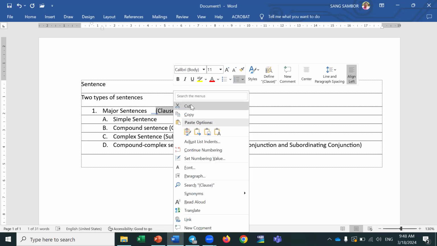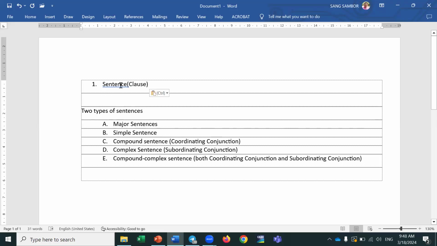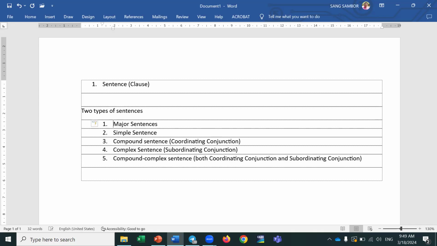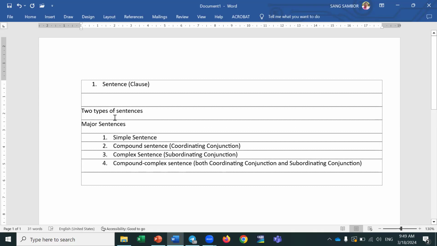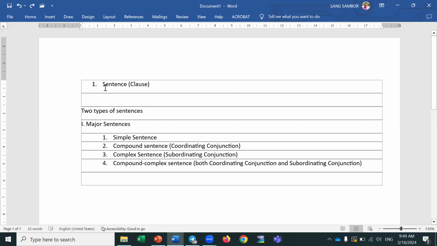Number one. Yeah, teacher. Okay. How about the second one, the second type? The second one is called minor sentences. Minor sentence.